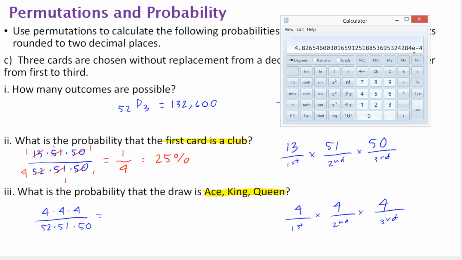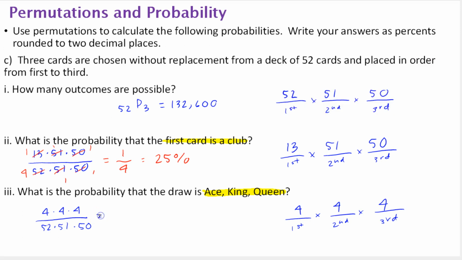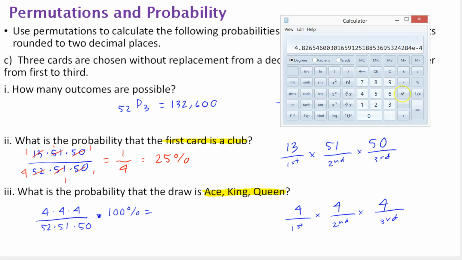I'm actually going to multiply it by 100 first. Basically, that e to the negative 4 means move the decimal 4 places to the left. So it would be decimal, 3 zeros, 48, but let's just go ahead and multiply by 100% first. That way, hopefully, we don't have to move that in our head. So this is a percent value.